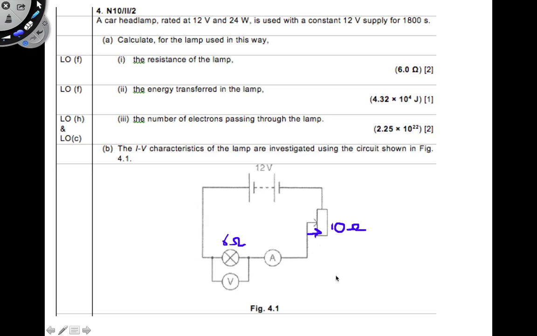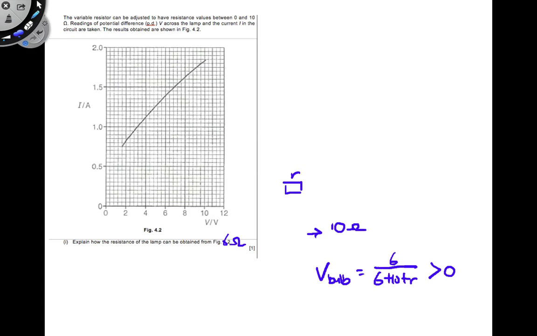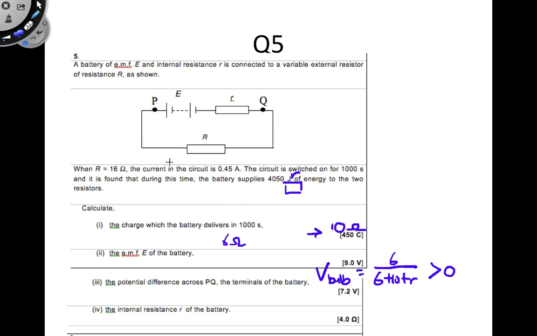If that happens, and let's say you have some internal resistance here as well, your V across your bulb will be 6 over 6 plus 10 plus r, and again it cannot be 0. So you explain why it cannot be 12 exactly and why it cannot be 0 exactly. So this is it for question 4.